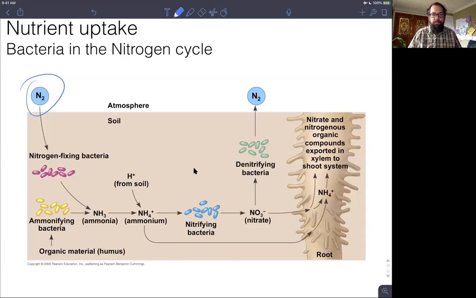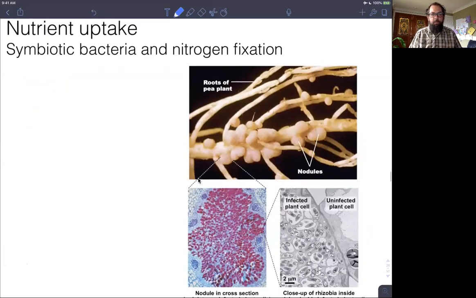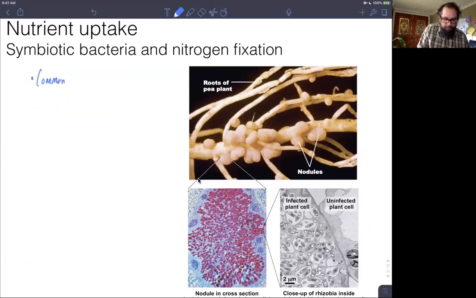This is the family that includes all of our beans, but it's also found in other families, and I'll show you a distribution of this on the phylogeny. But this is really common in legumes, and I'll just say among others.